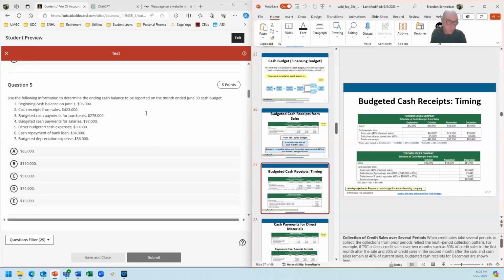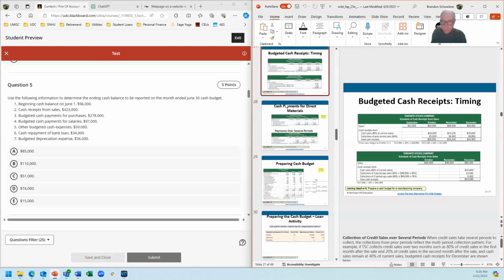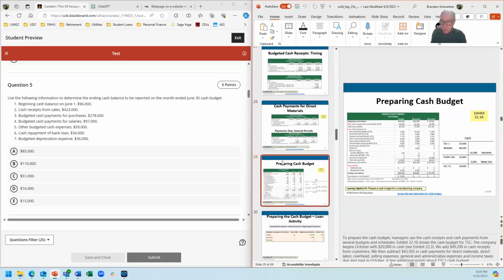Question 5. Use the following information to determine the ending cash balance. Okay, this one might be a little trickier. For this one, I personally like this particular slide on preparing the cash budget. All you're going to do is align these with what you find here.